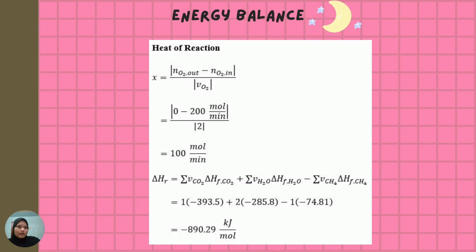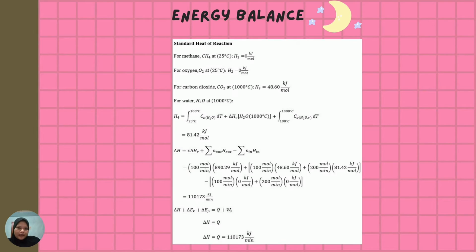So that is quite accurate compared with the standard heat of reaction. And this is the standard heat of reaction. So now I calculate the Q. This is all the calculations, and I got Q is 11.0173 kilojoule per minute. So that is all for the energy balance of the reactive system.